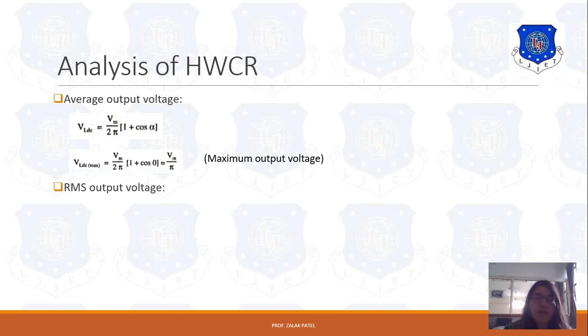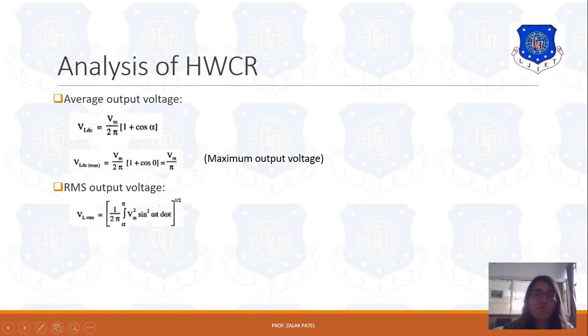Now if you want to calculate the RMS output voltage, meaning the root mean square value of output voltage, this value is already calculated in the previous lecture. It is like this: 1 upon 2 pi from alpha to pi. Here we take the limit alpha to pi because our waveform appears between the interval alpha to pi. That's why here V is equal to Vm sin omega t.